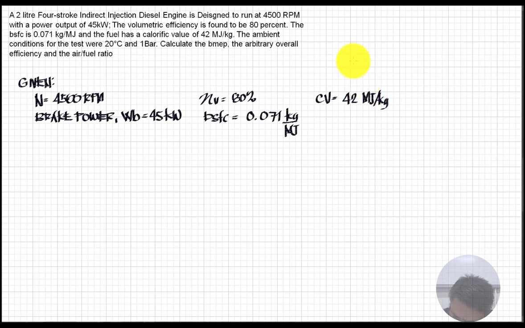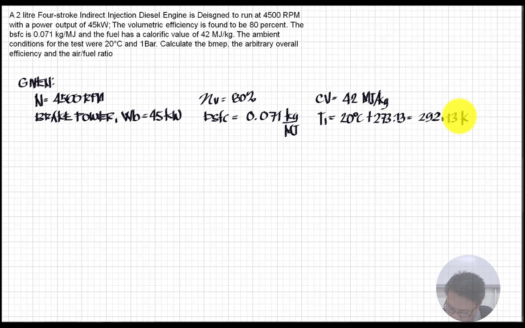Then we have your ambient temperature. So we have your T1, which is 20 degrees Celsius. So I will automatically add 273.13 to make it an absolute value, so this will become 20 plus 273.13, and we have the units of Kelvin here.